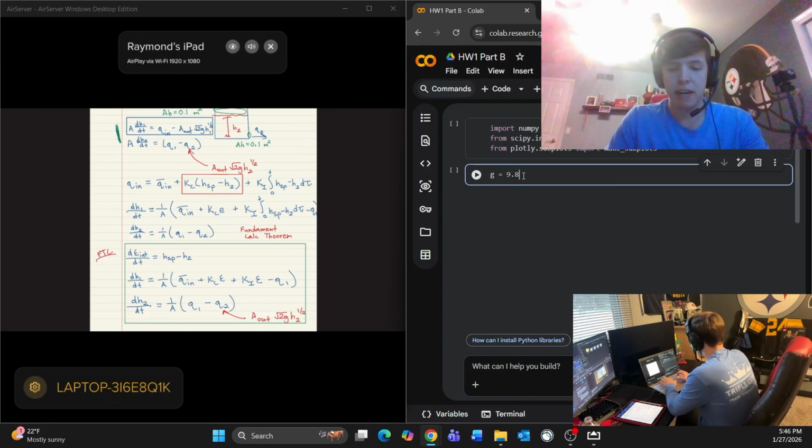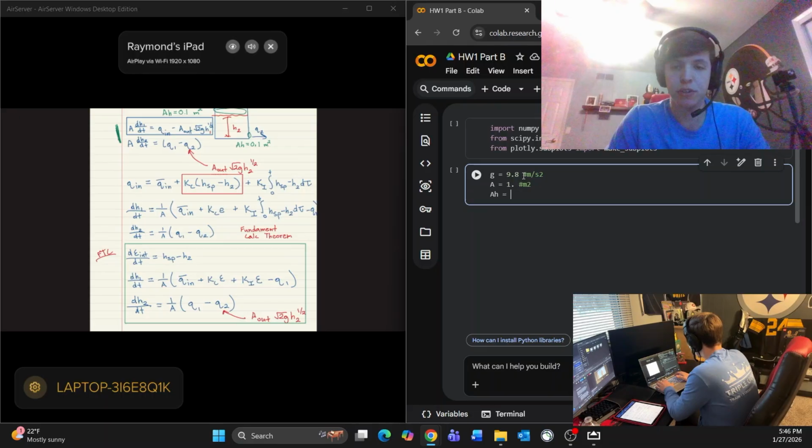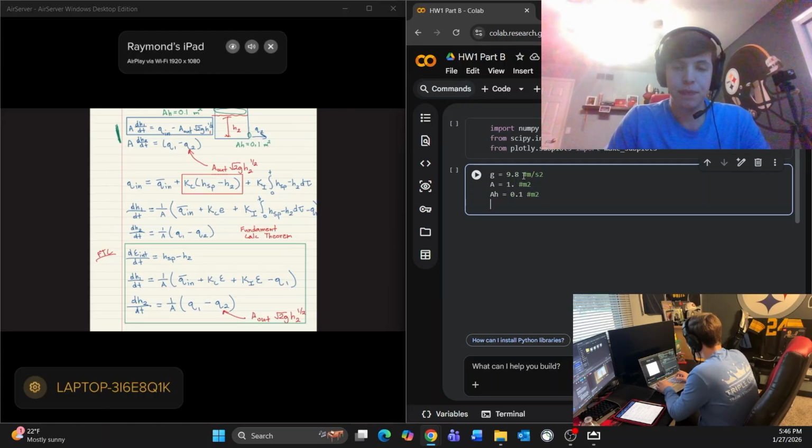So to start off first, we're going to identify all of our variables for this problem. And we're going to start off by identifying gravity, which is in meters per second squared, our cross-sectional area of our tanks, which is 1 meter squared. We then have our cross-sectional area of our outlet tubes, which is 0.1 meters squared. And then once we have those, we can identify our Q_in naught, which is also equal to 1 meters cubed per second.